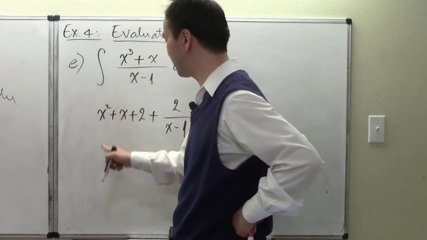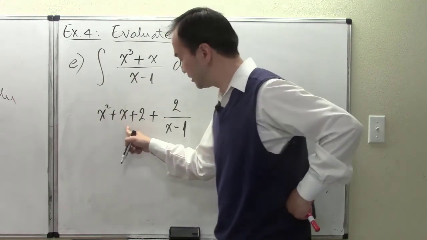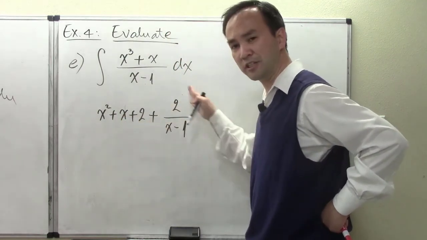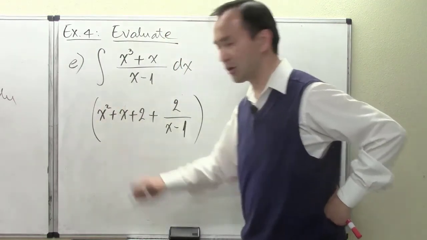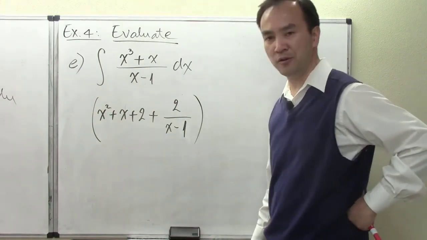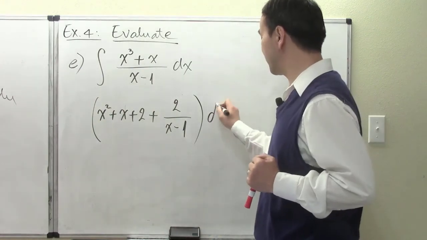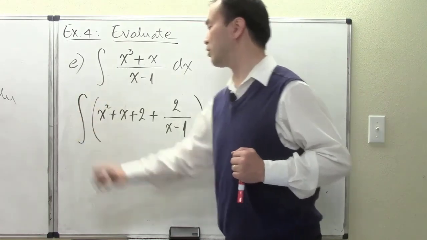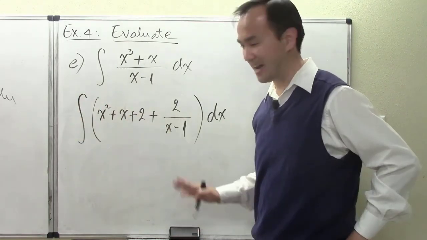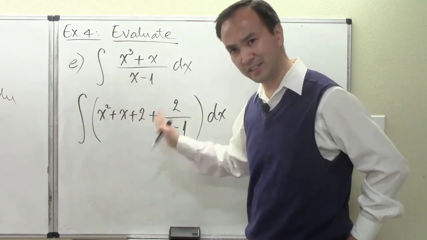Okay, so now we have 1 term, 2 terms, 3 terms, and 4 terms. That's according to the work we have done back in example 3 problem A, and dx. And this is an integral of 4 separate terms. And now it's making it surprisingly simple.